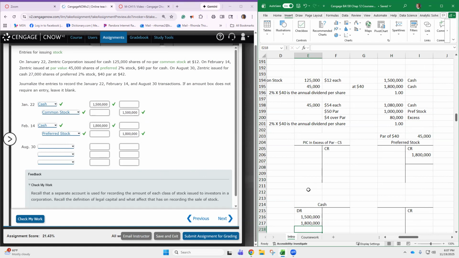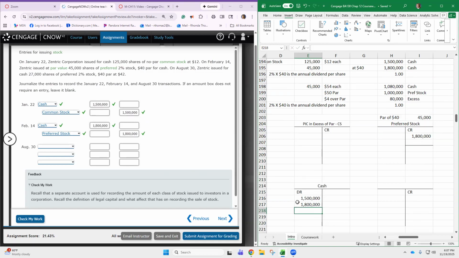How much did we raise? Wow. We raised 1 million, 2 million, 3 million, and $3,300,000, I think, by selling these two shares of stock. Right now it's August 30th. The company is now issuing for cash. So cash again.